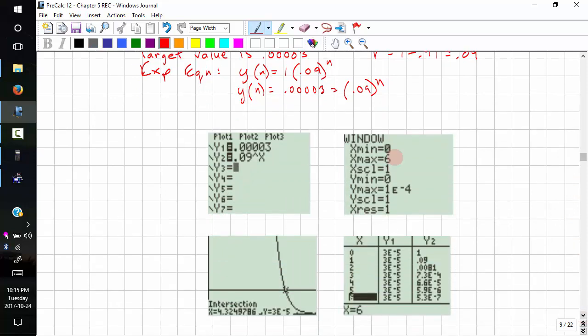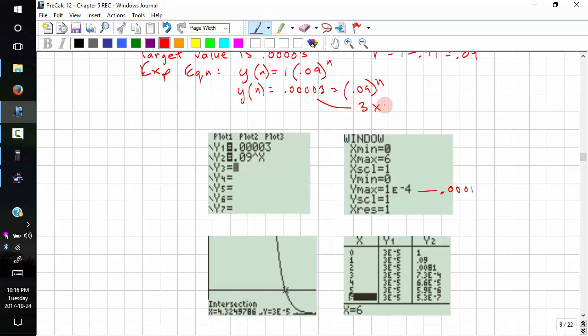It's tricky to set the window, so you just have to guess at some number of filters. And because the value is so small, we need to go from 0 to a very small value. So this is 0.0001. Okay, so let's convert this to scientific notation.